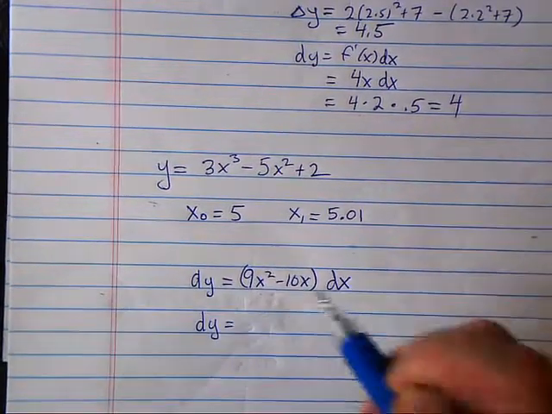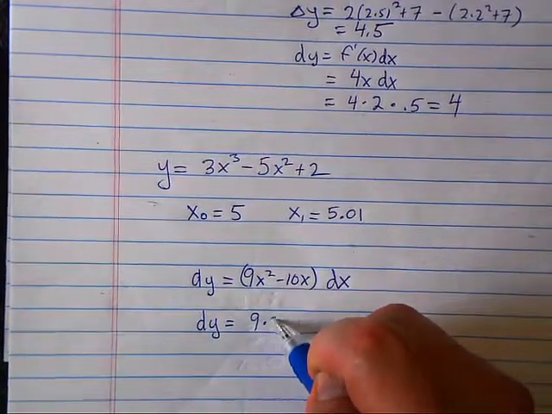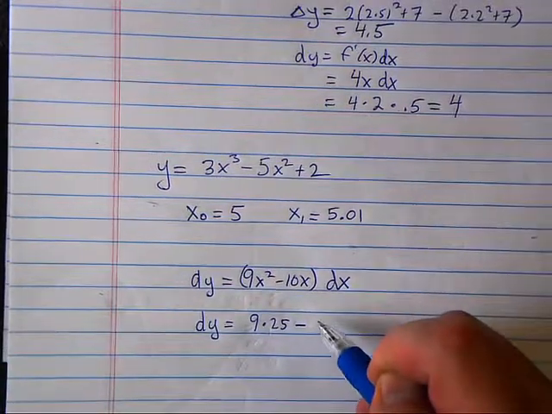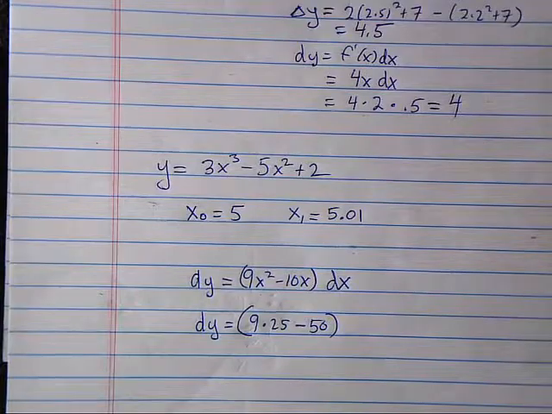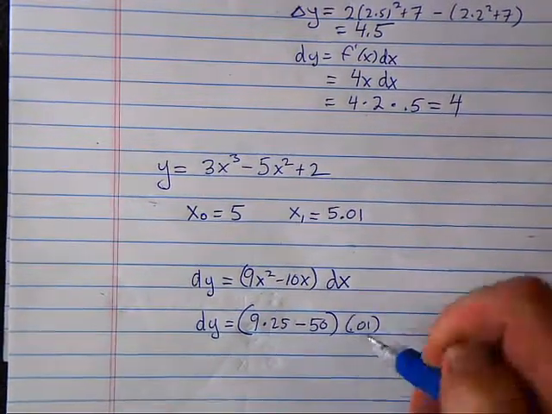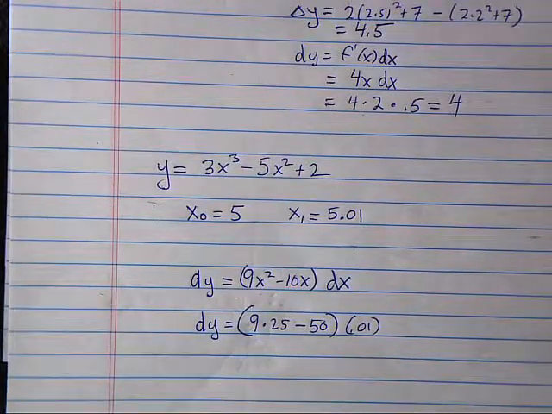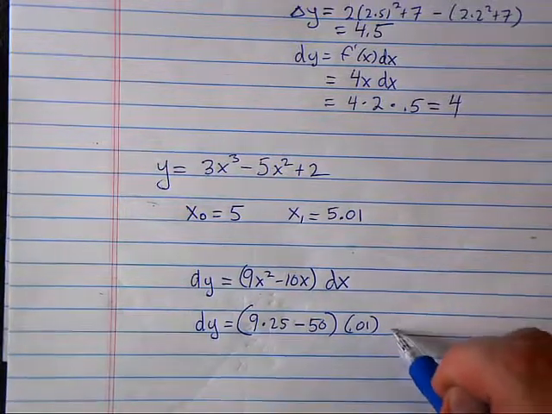So dy would be 9 times 25 minus 50 times, how much is dx? 0.01. What's 9 times 25? What's 225 minus 50? What's 175 times 0.01? It just moves the decimal place 2 positions. This is 1.75.